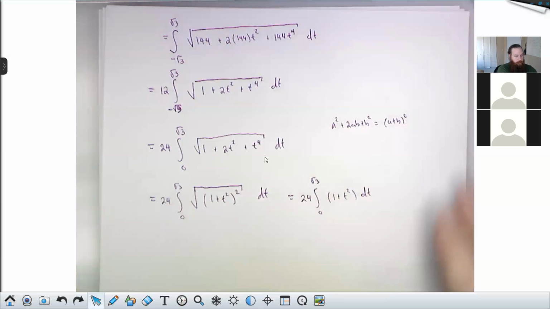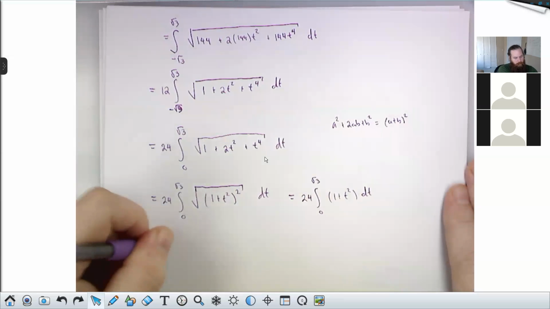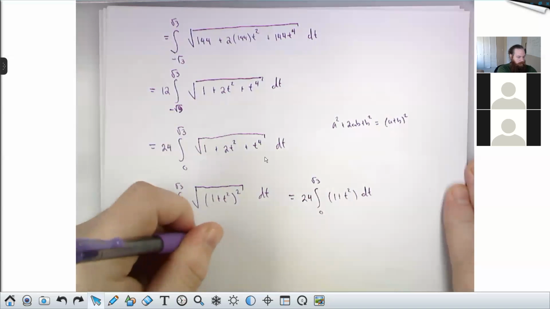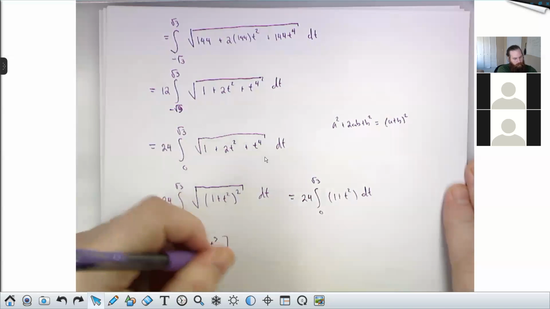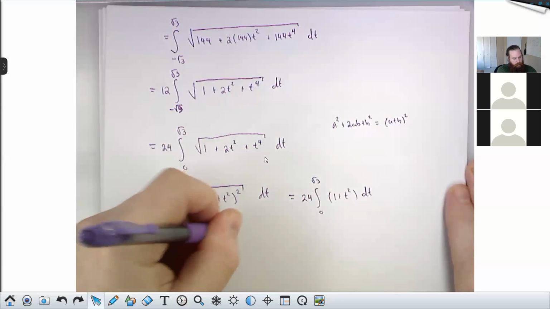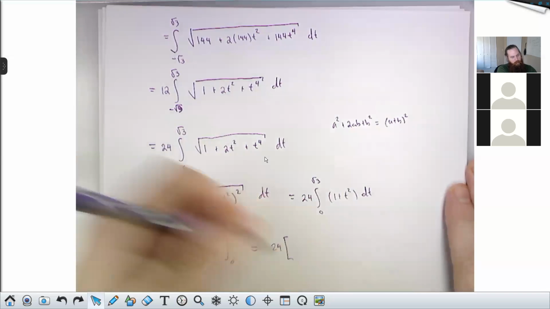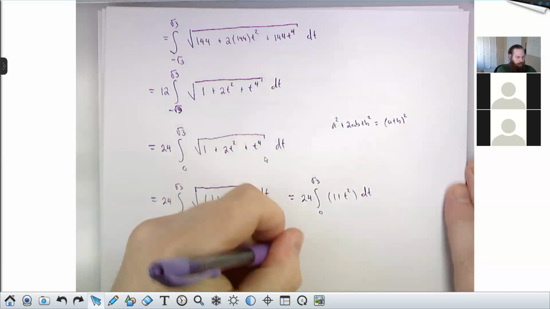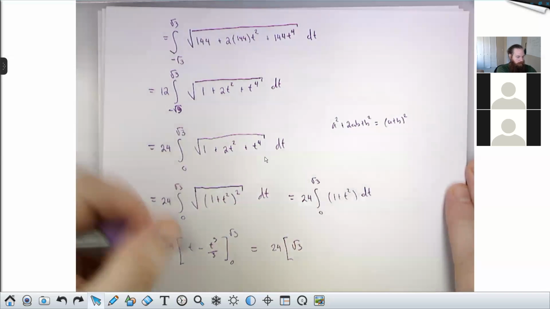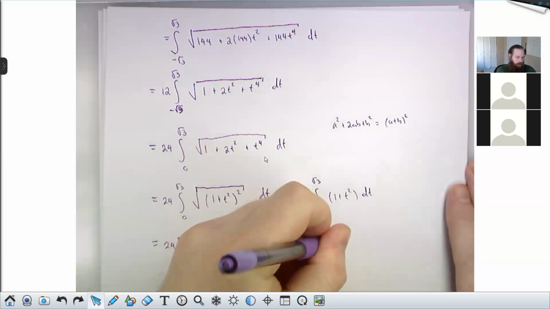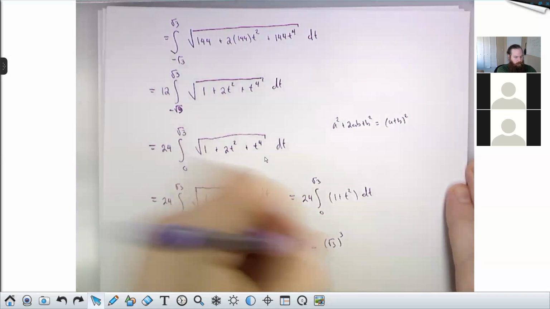My antiderivative from here is trivial. That's t plus t cubed over 3, evaluated from 0 to root 3. So I have 24 times, at the upper bound, square root of 3 minus the square root of 3 cubed all over 3.